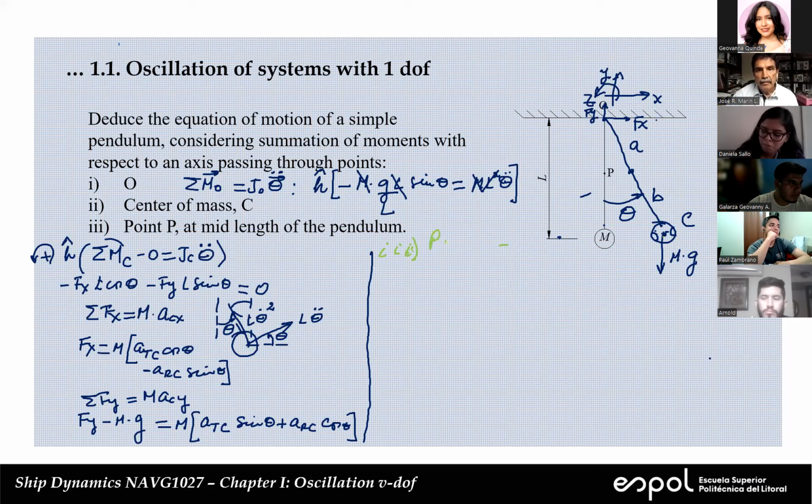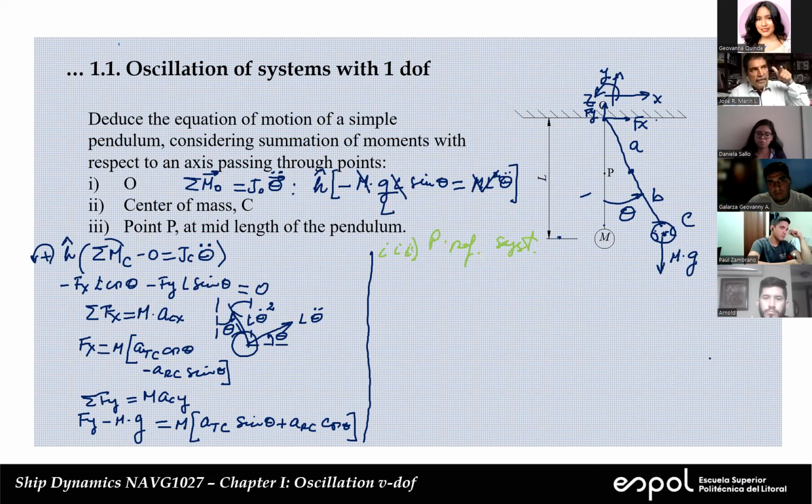P is the point through which I'm sending an axis to consider all of these rotational actions. In this case, P is not fixed, and P does not coincide with C.